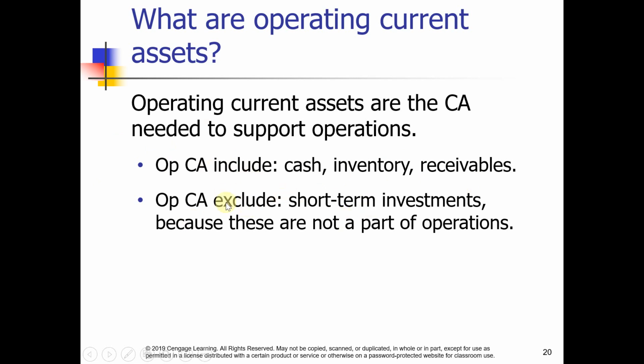Those are called operating current assets. Operating current assets do not include short-term investment, at least in this book. Even if short-term investments and marketable securities are current assets, those are not operating current assets. So this is the money this company needs to invest to run the business.